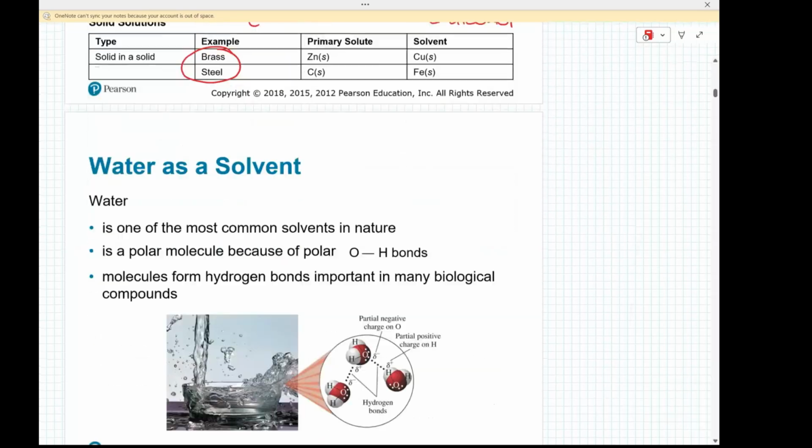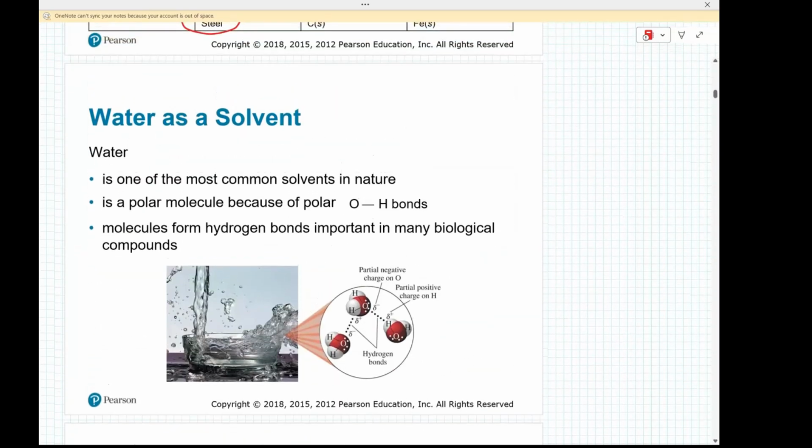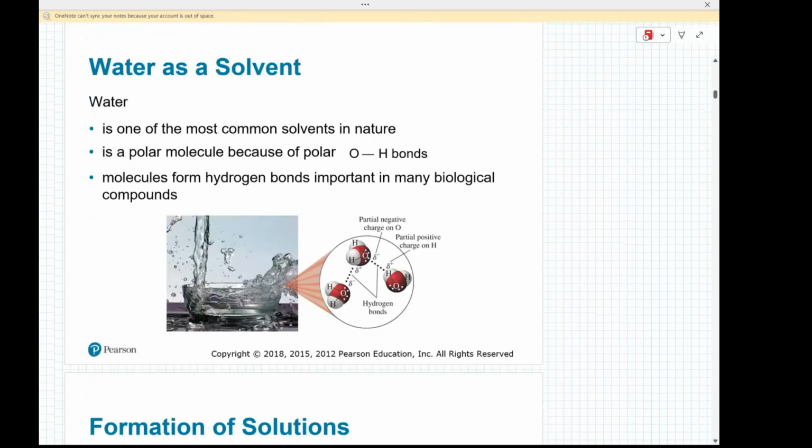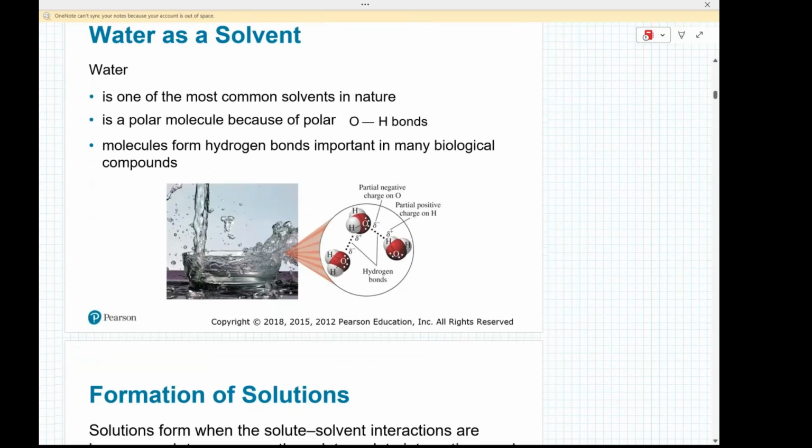Okay? We're going to focus on water-based solutions. What you need to remember, obviously, is that it is the most common solvent in nature. And water is a polar solvent. Making sense?